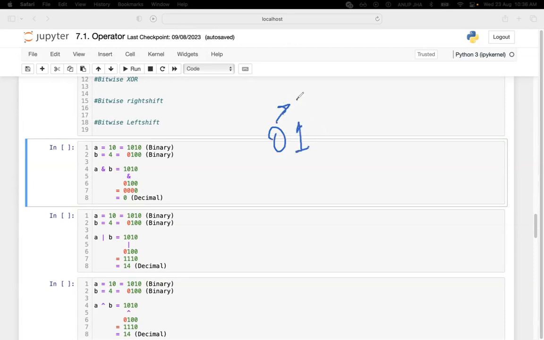This is called a bit. This is called the 0 bit, and this is called the 1 bit.